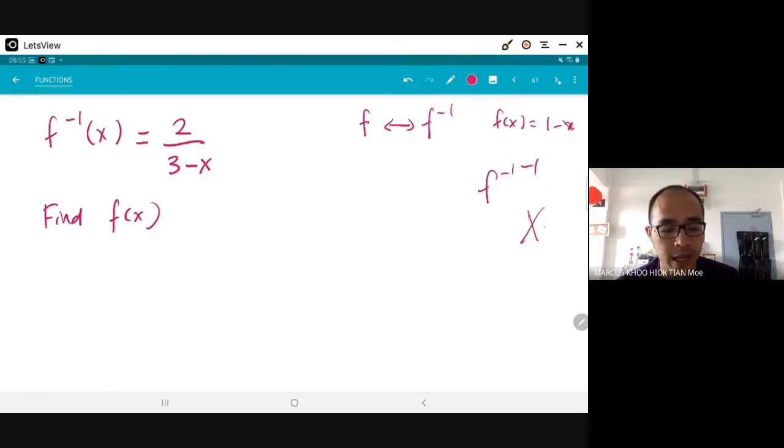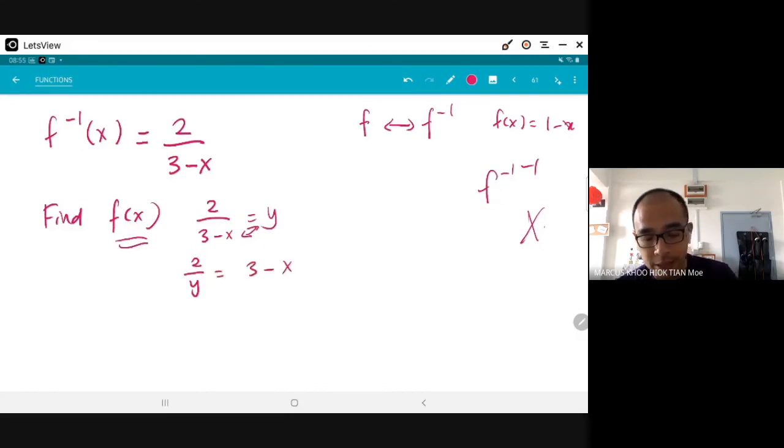If we follow the method Terence used, set it equal to y and then move things to get x. Now if you remember what we did just now, I flip this over. So 2 over y equals 3 minus x. Then I move the 3 across. So I get 2 over y minus 3 equals minus x. But I don't want minus x, I want x. So I change everything to the negative.